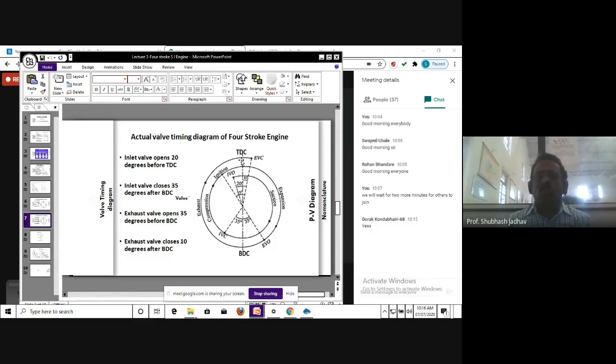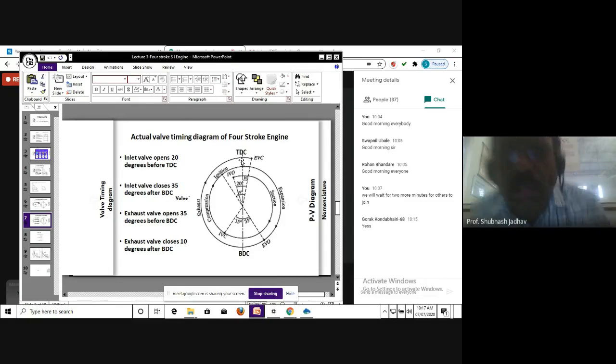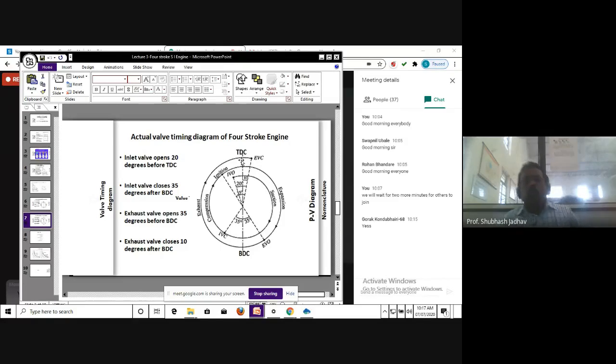Now, what is the consequence? How does it affect the operation of an engine? You can see over here both the valves are remaining open. Since the inlet valve is open, suction is happening, and since the exhaust valve is open, exhaust is also going on.